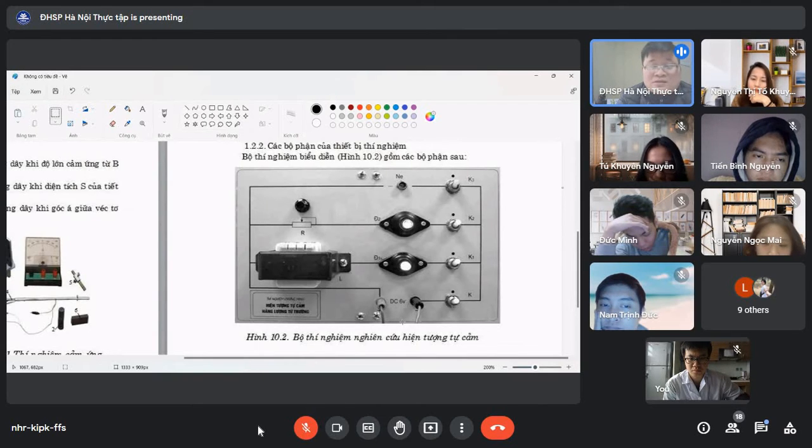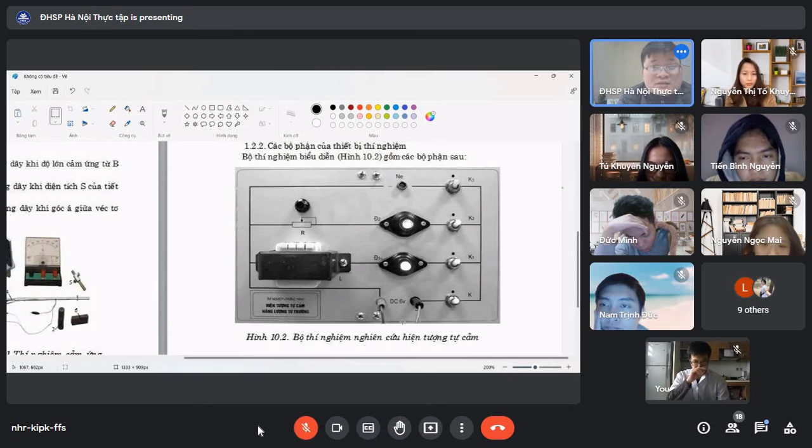Trước đây ta đóng khóa K vào thì ta chỉ chăm chăm cho đèn sáng thôi, ta không để ý đến quá trình từ bóng đèn tối đến bóng đèn sáng ổn định.